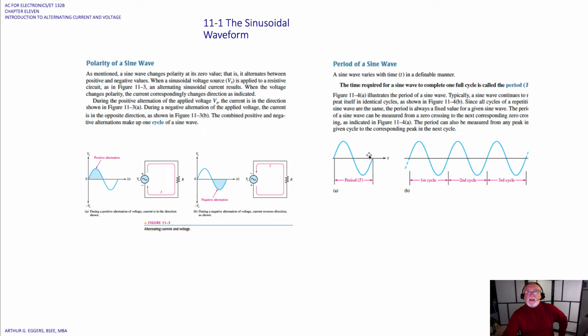The period is identified from 0 to 0, and then it recurs over and over again until you turn off the switch. So the time required for a sine wave to complete one full cycle is called the period, and this will become important later as we do measurements of AC and alternating voltage forms.